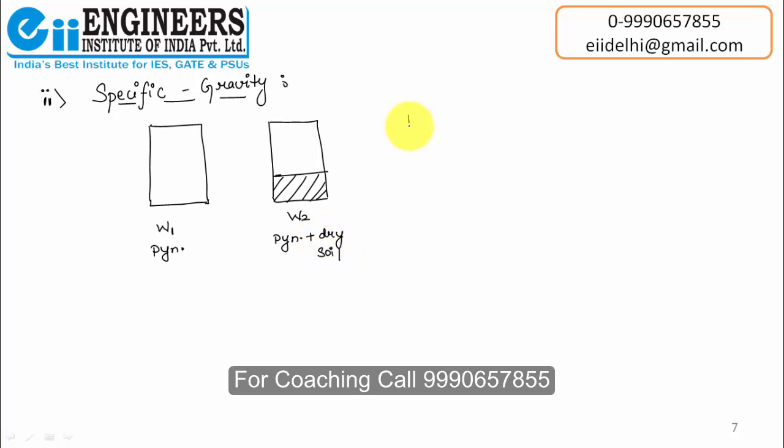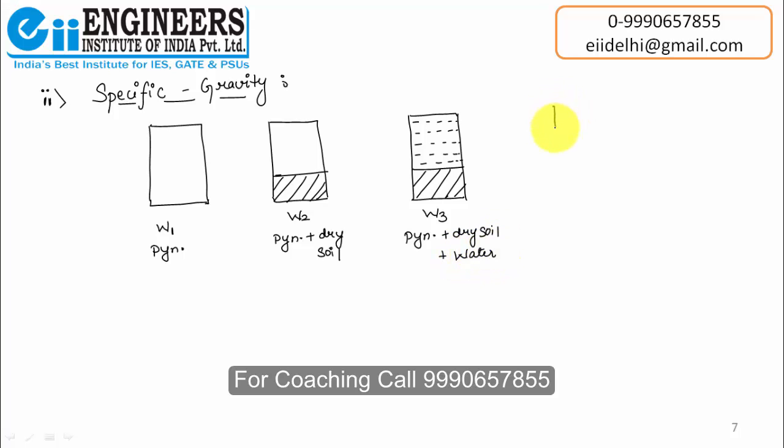Now again we fill the whole pycnometer with water. This is our soil and I have filled the pycnometer with water. Let me take this weight as W3. So this is pycnometer plus dry soil plus water.